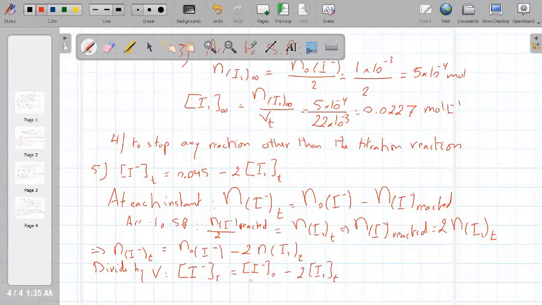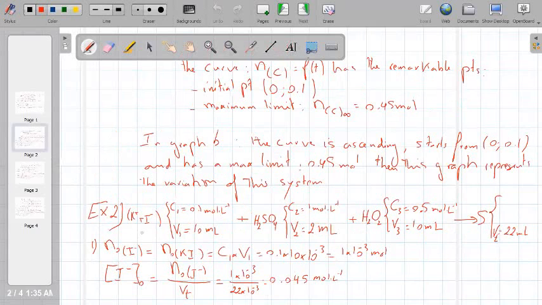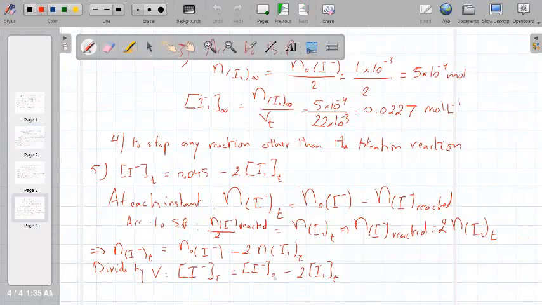We replace the initial concentration of I minus by its value, which we have calculated, 0.045. The relation becomes: concentration of I minus at instant t equals 0.045 minus 2 times the concentration of I2 at instant t. This is the final relation.